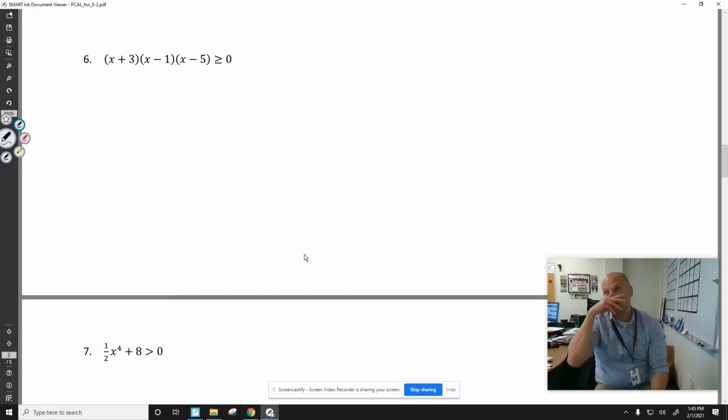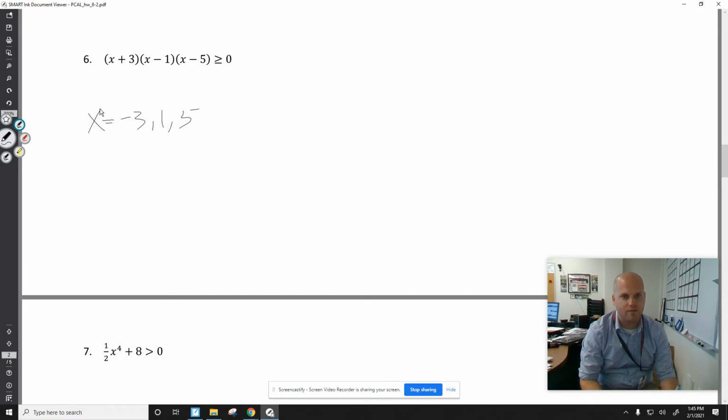All right, this is easy. I already got the roots all laid out for us. Negative 3, 1, and 5. All the roots have a multiplicity of 1. So just do one test point and then know they're passing through. Pick 6, positive, positive, positive, positive, passing through this 0, giving us a negative, passing through this 0, giving a positive, passing through this 0, giving us a negative.